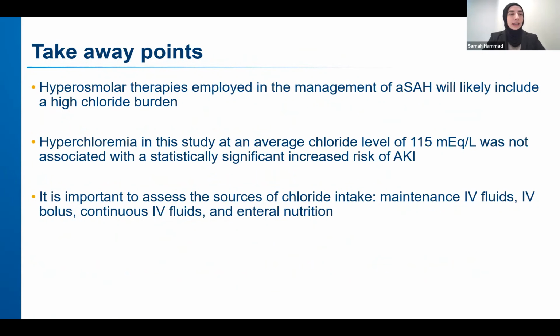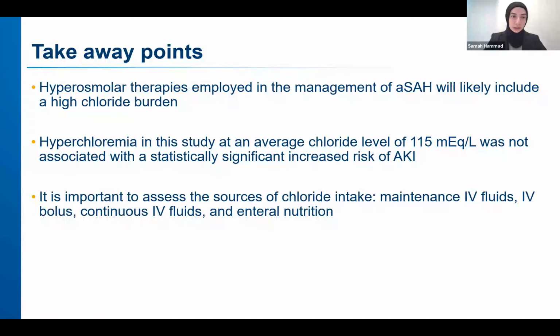Final takeaway: hyperosmolar therapies are employed in the management of aneurysmal subarachnoid hemorrhage, and they will likely include a high chloride burden. Hyperchloremia in this study was at an average max of 115, and this was not associated with a statistically significant increased risk of AKI.